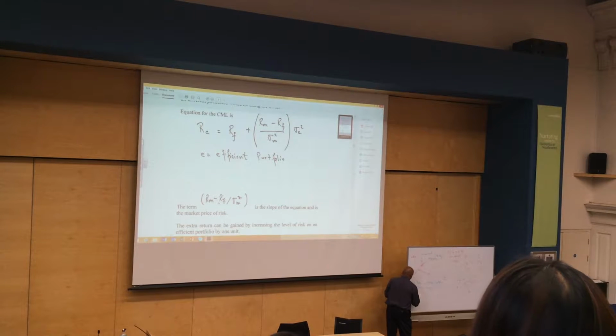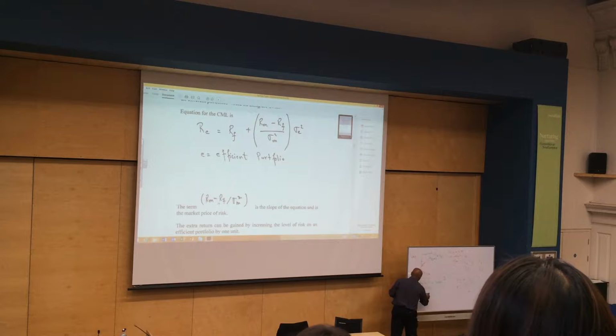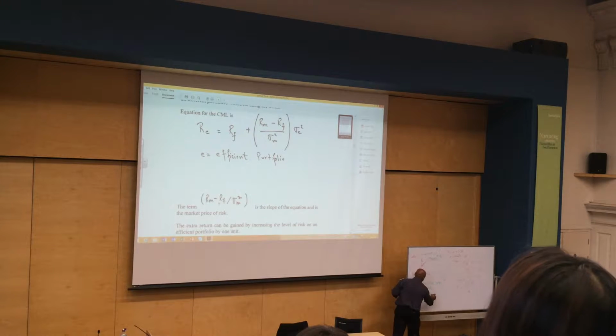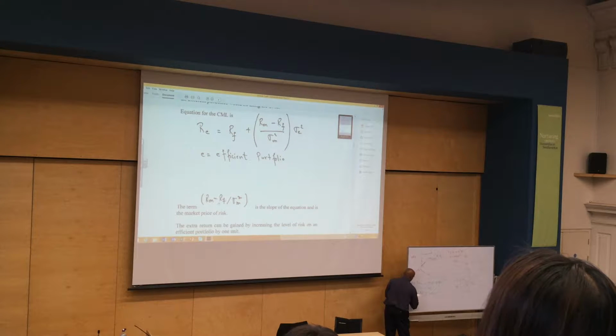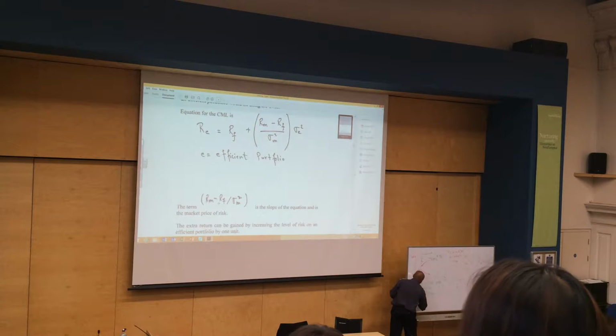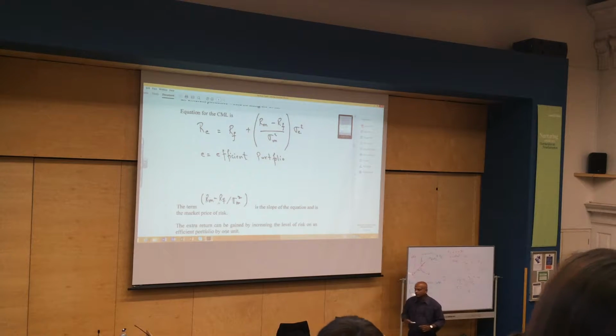RE is the expected return of your portfolio, and sigma squared E is the variance of the portfolio. So it's all there in the paper.